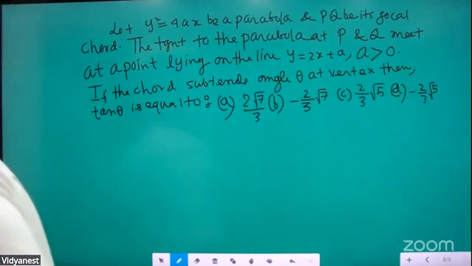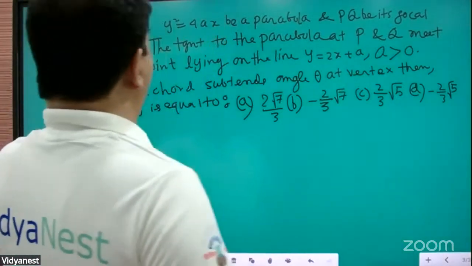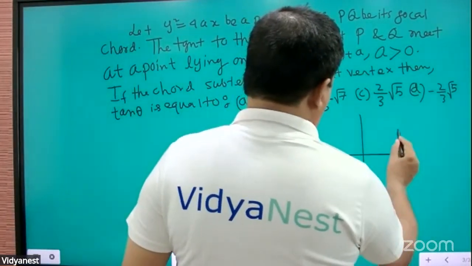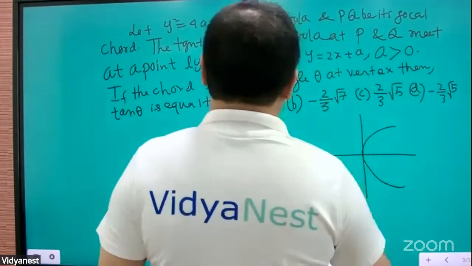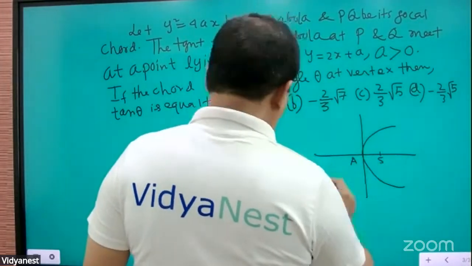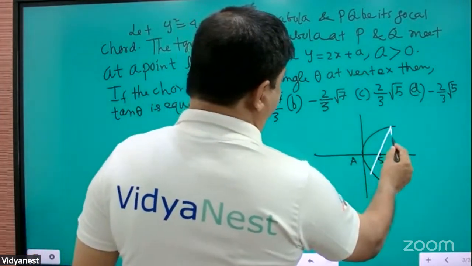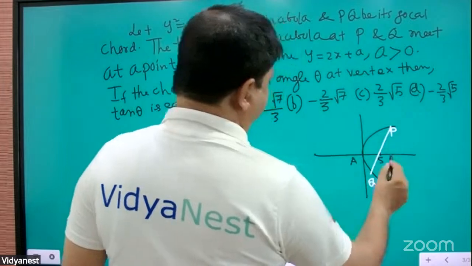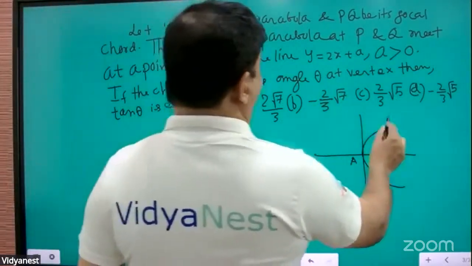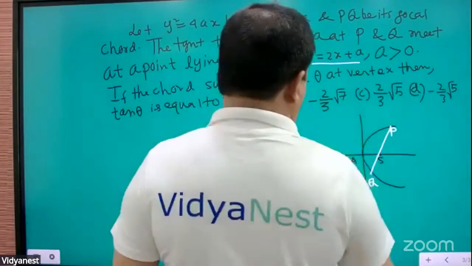Just look at once. First we'll draw the figure. That is a parabola. This is the vertex. This is the focus. That is the focal chord, P and Q. Now, the tangents to the parabola at P and Q meet at a point lying on the line y is equal to 2x plus a.